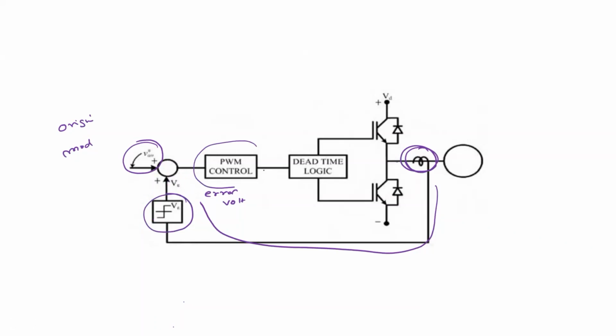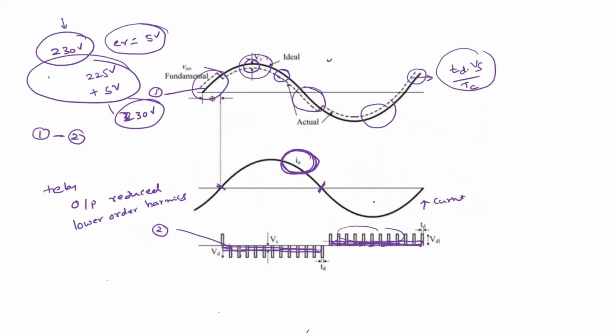Again, we have this PWM control and this dead time circuit, which is giving the pulses. This is the error voltage. What is the compensator?